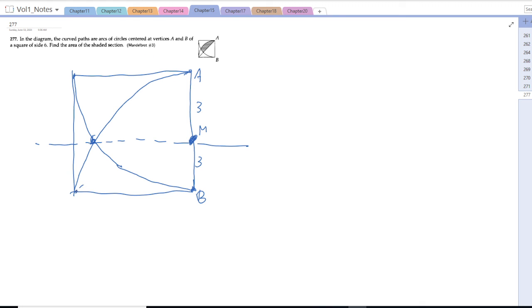So we have this one. We want to find the area of the shaded region.